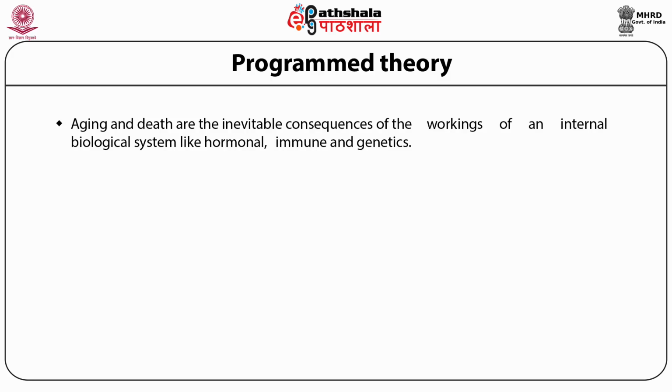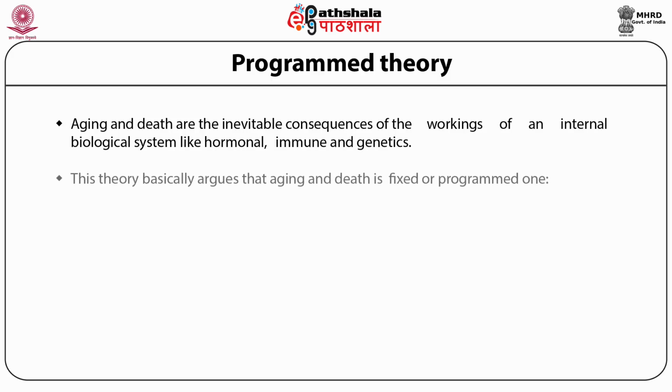These theories work with the hypothesis that aging is an essential and innate part of the biology of people, under the control of three main systems: hormonal, immune and genetic. These systems may change in the course of an individual's lifespan, precipitating aging or old age symptoms. This theory basically argues that aging and death are fixed or programmed.